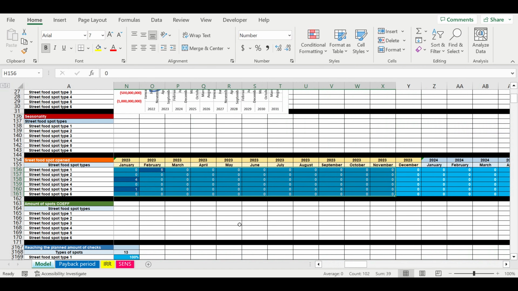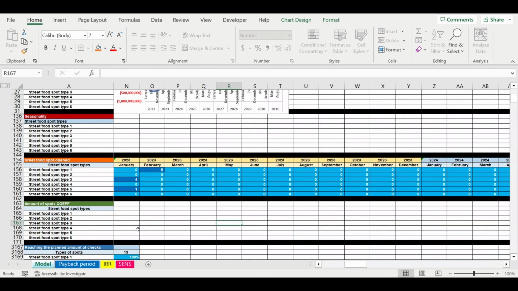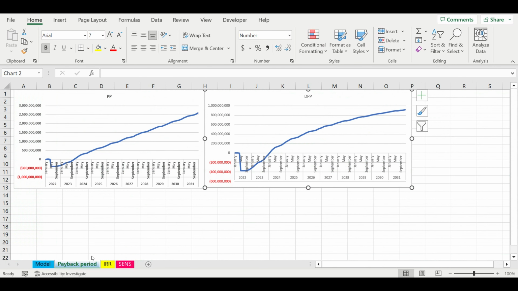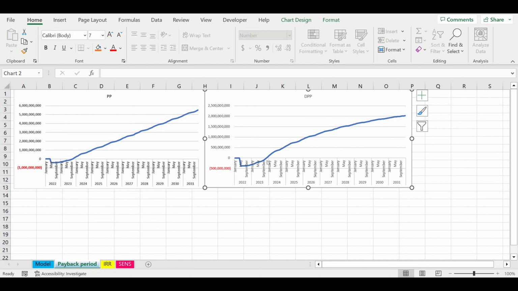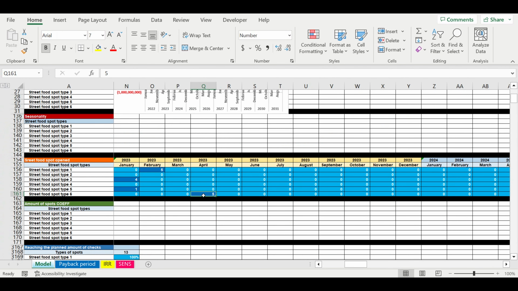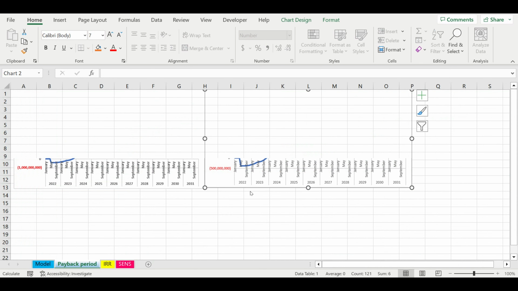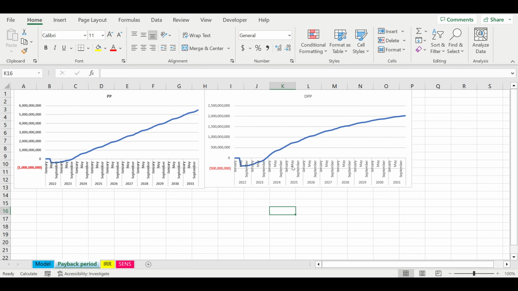We have a diagram like this, but for example in April 23 I just want to open five street food spots type number 6. I can go here and see how the diagram changes. For example, I would also like to open 3 spots of type number 4, and we can see how the diagram jumps up and down.